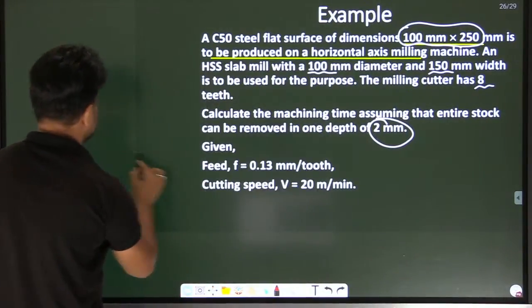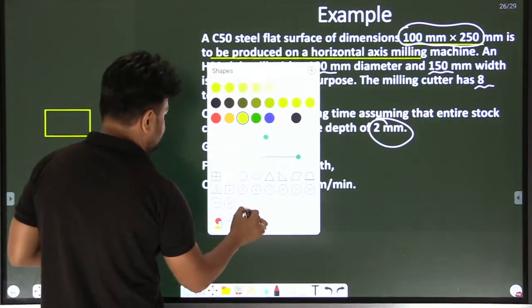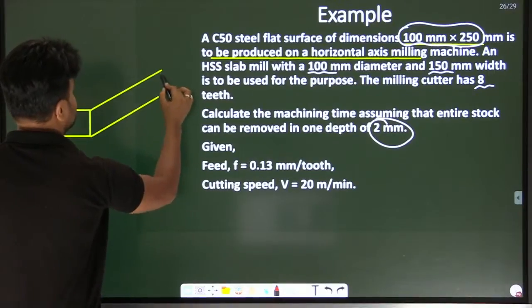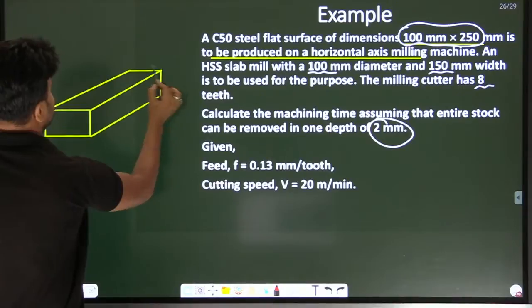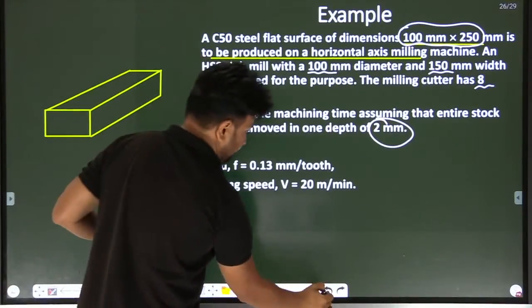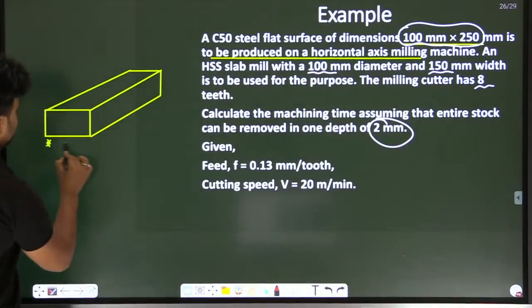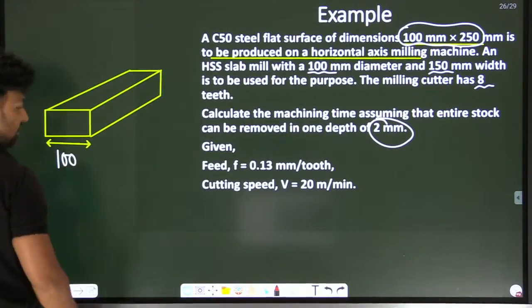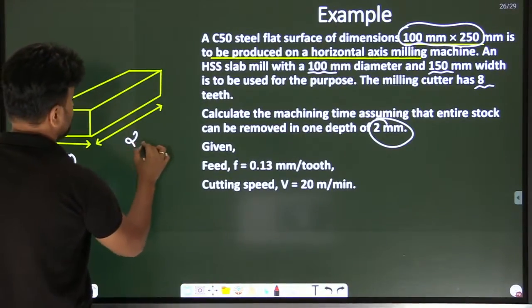I think this is the scenario. Look, here you can see this is a surface: this is 100, and this is 250.